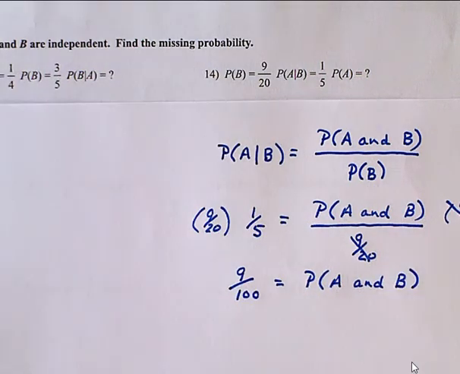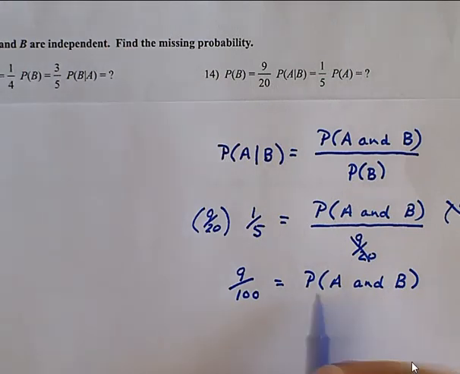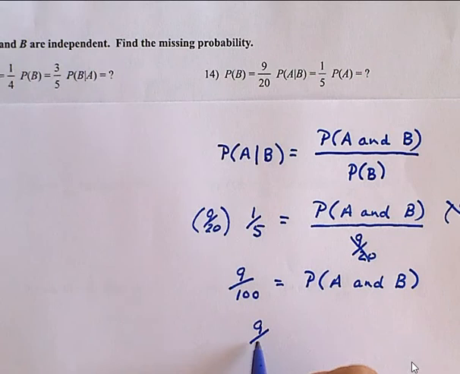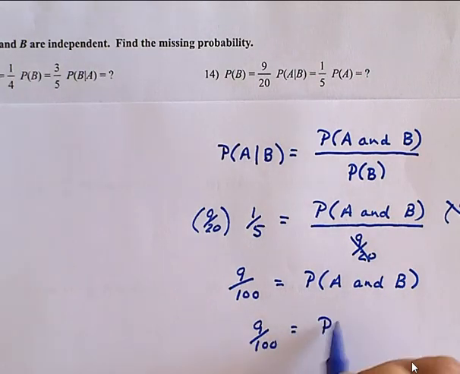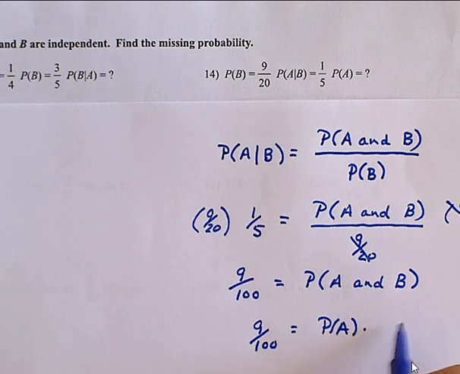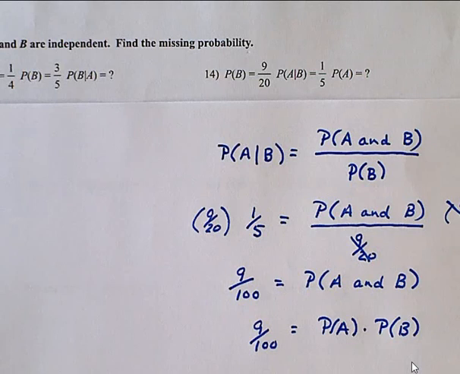Well, because this is an independent event, then A and B is the same thing as A times B. And I said it before, B is 9/20.